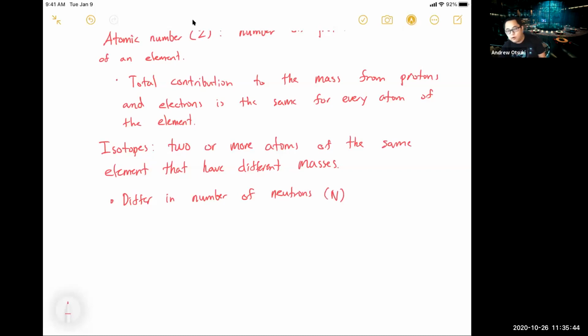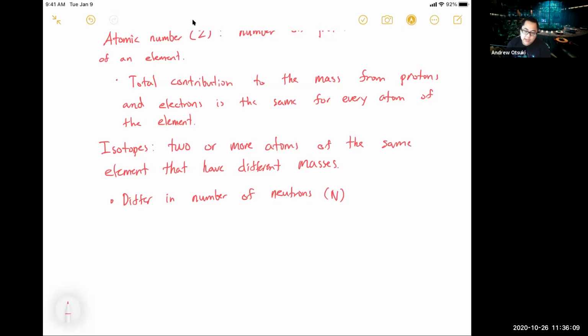For example, carbon-12, carbon-13, carbon-14. You also have nitrogen-14, nitrogen-15, hydrogen-1, hydrogen-2, or hydrogen-3. Tritium, hydrogen-3, we rarely talk about because it's radioactive.